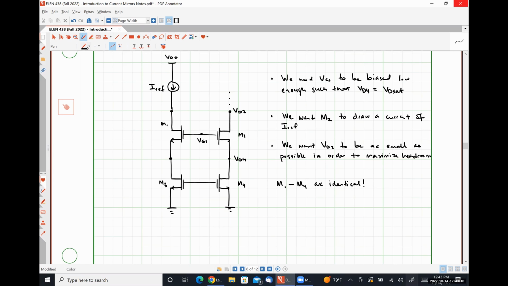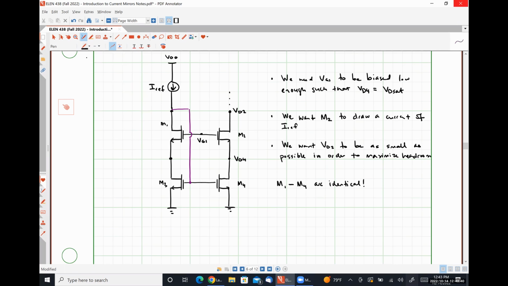Now, instead of making transistor M1 diode connected, I'm about to do a funky connection here. I'm going to tie the drain of M1 down to the gate of M3.